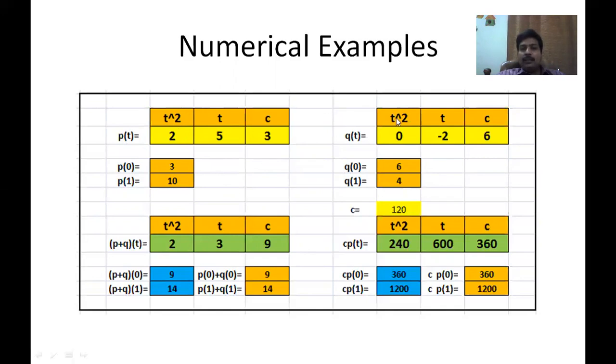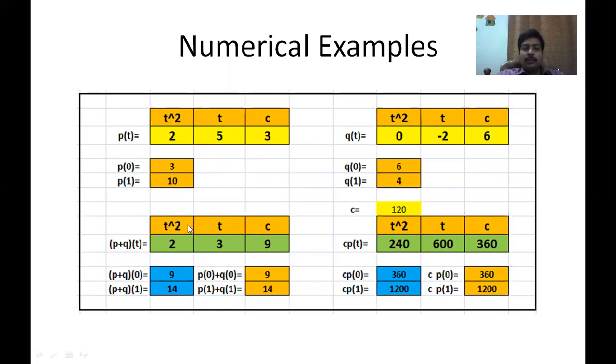If we add these two, I will get another polynomial like this. This is p plus q. If you add both these polynomials, 2 plus 0 is 2, 5 plus minus 2 is 3, and 3 plus 6 is 9. So this is the new polynomial, 2t square plus 3t plus 9.